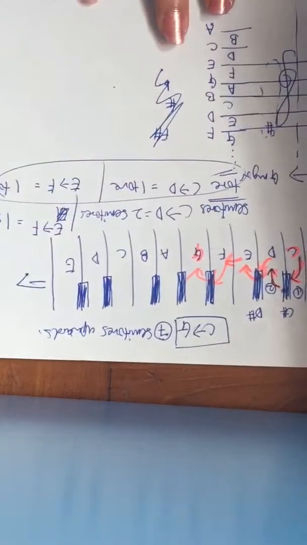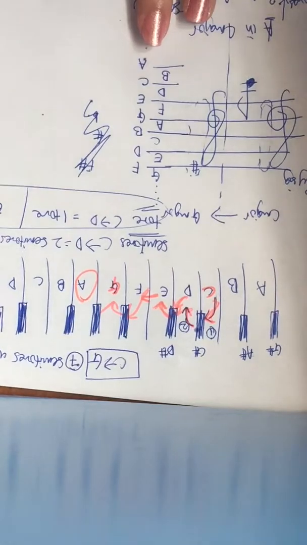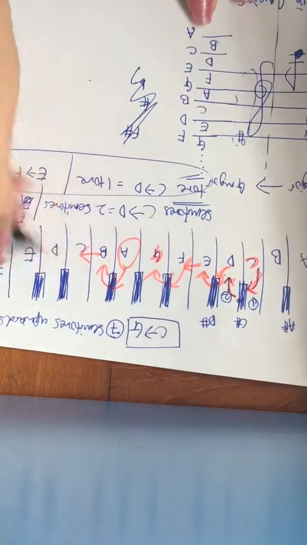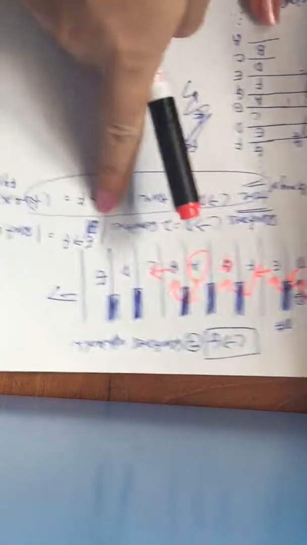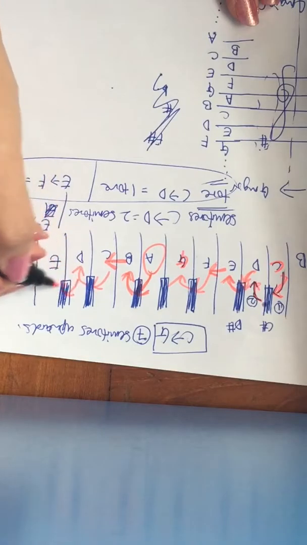Okay, we'll start from A. We count 1, 2. Remember, this is 3. This is similar to this part at the bottom, where it's 1 semitone because there's no black key. So 1, 2, 3, 4, 5, 6, 7.